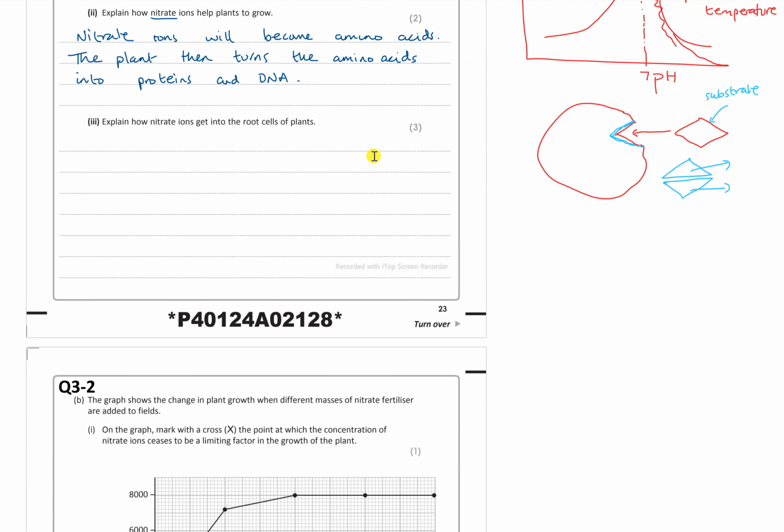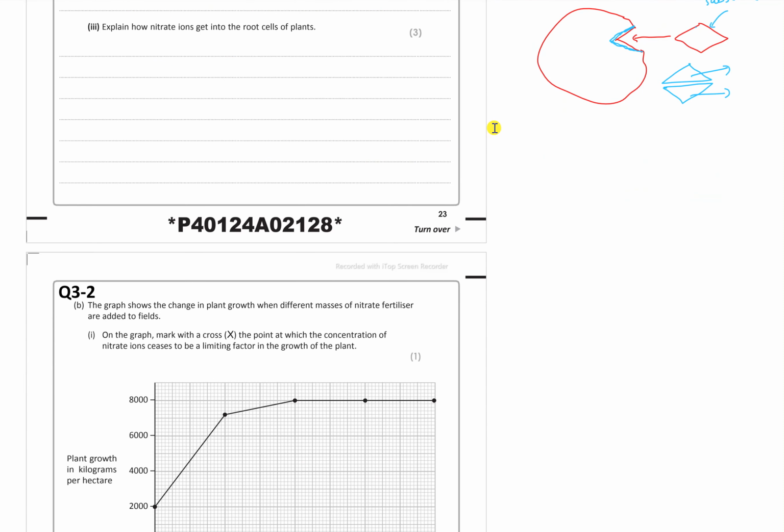Right, so let's have a look at this. We want to know how nitrate ions get into root cells of plants. So there's your plant, there's your roots, there's the soil, there's your nitrate ions. They need to get into the plant.